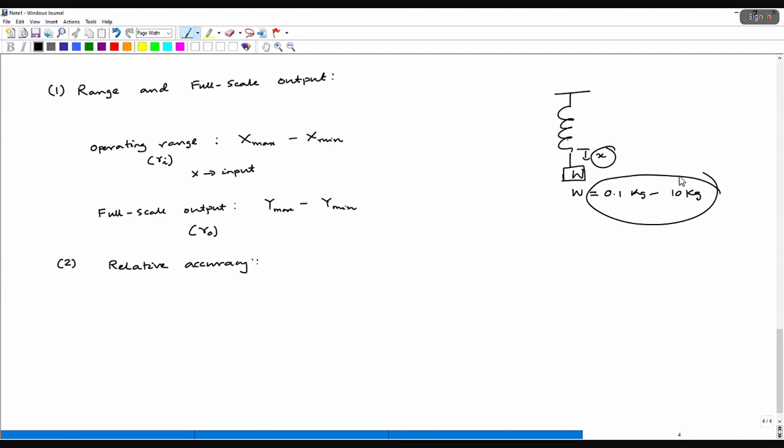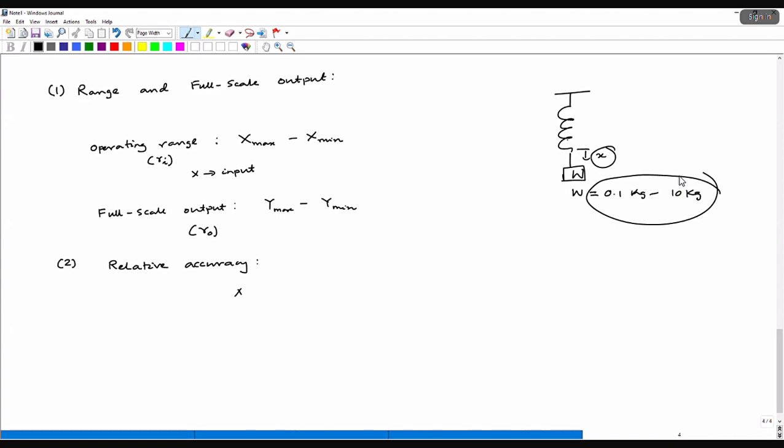What is relative accuracy? Relative accuracy is defined as the ratio of the difference between the measured value and the true value, because measured value minus true value gives you a representation of error, which qualitatively represents accuracy, divided by some reference value into 100.